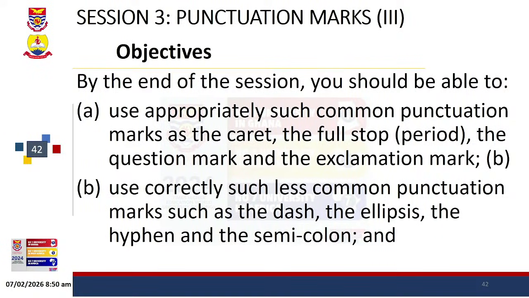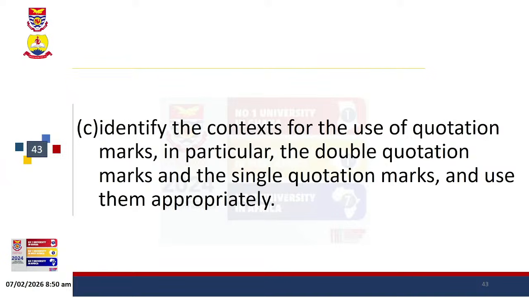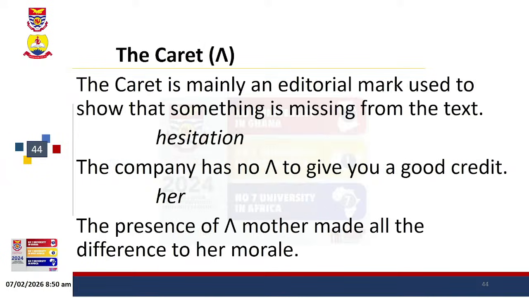What is a caret? Yeah, we'll get to know. You should also be able to use correctly such less common punctuation marks such as the dash, the ellipsis, the hyphen, the semicolon, and be able to identify the context for the use of quotation marks, in particular the double quotation marks and the single quotation marks, and then use them appropriately.